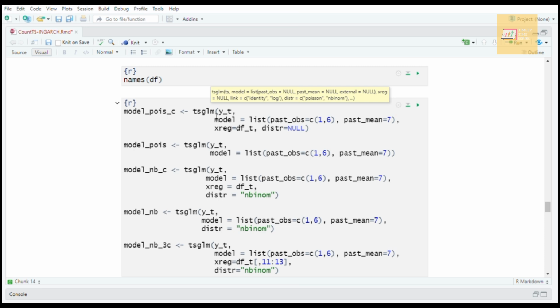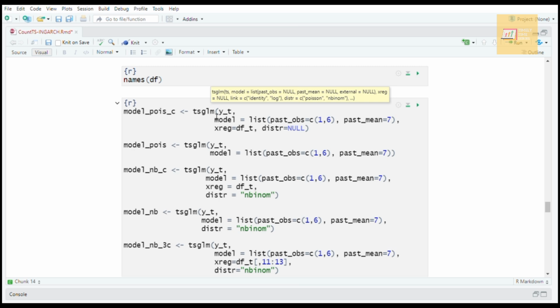So how do we want to specify or define the model? And then the next one is xreg. Xreg is for exogenous variables. This is where we put in our covariates. The default value is null, so the default model is an INGARCH model without any covariates.